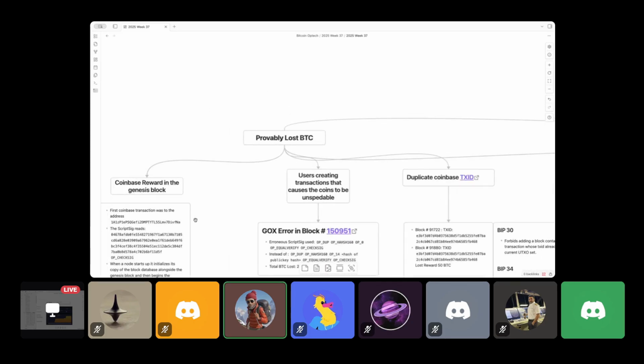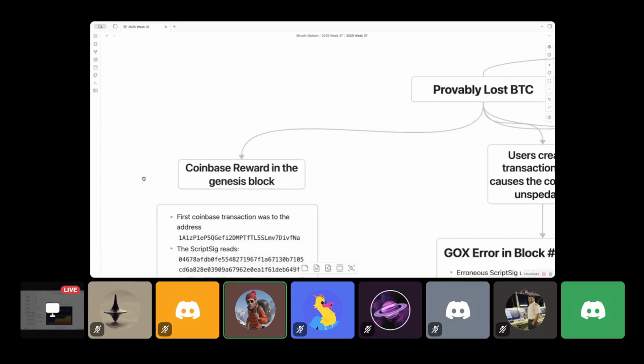So these provably lost BTCs, we can classify across a bunch of categories. First one is the Coinbase reward that is in the Genesis block. The first ever transaction that created 50 BTCs cannot be spent, so we look into the technical feature that makes it unspendable.